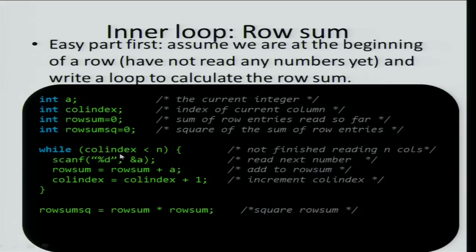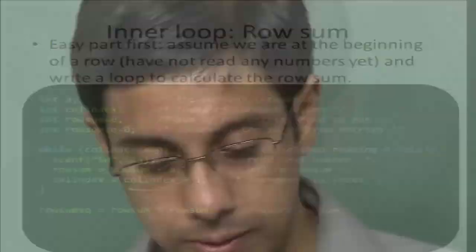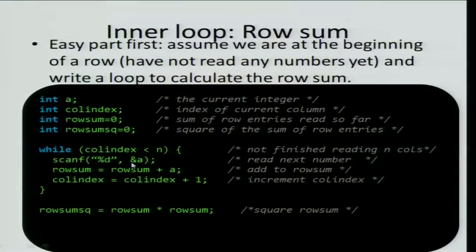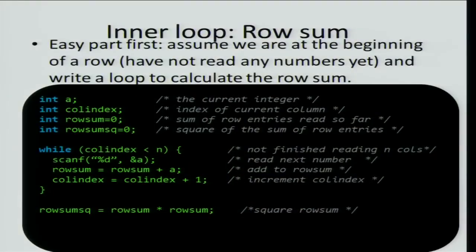So, while the column index is less than n, recall that the matrix size was m cross n, you scan the next number, it is added to the row sum, and then increment the column index until you hit n. Recall that the last column is n minus 1 because we start the column numbers from 0.